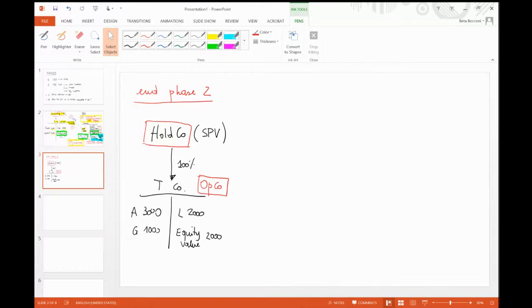In principle, guys, you can imagine that with the end of phase 2, formally, the acquisition is complete, because now the holding company holds 100% of the OpCo company. And so in principle, if a private equity investor is willing to buy out a target company, formally and substantially, the deal could also stop here.